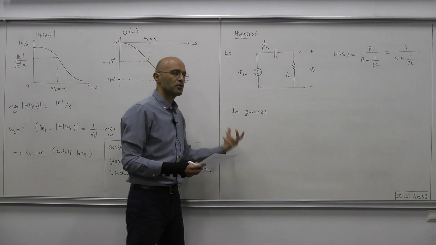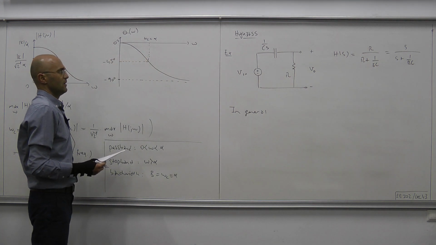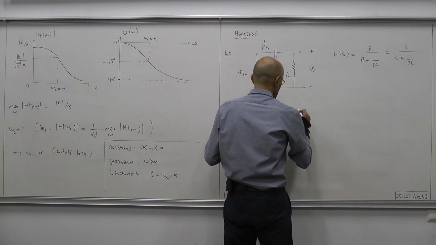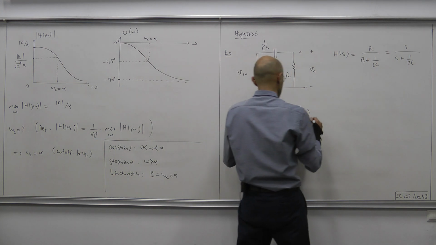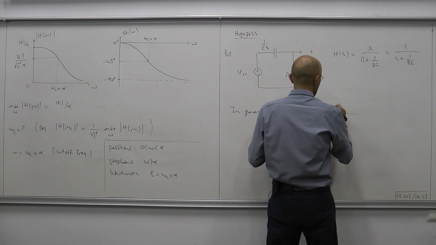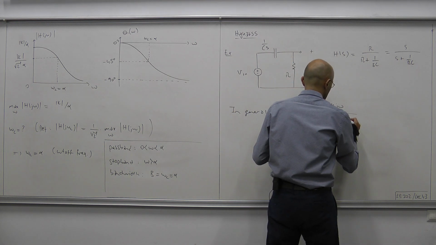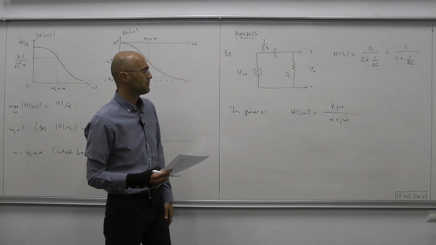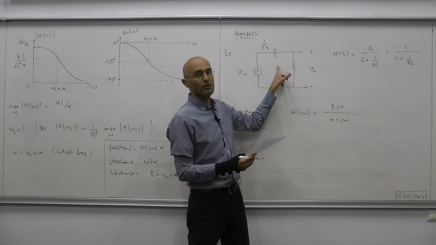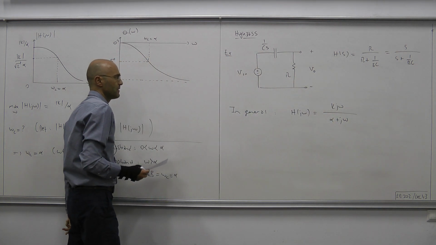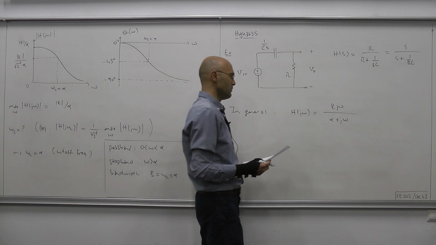And in general, a first order high pass characteristics has the following form: H of j omega equals K j omega over alpha plus j omega. In this special example, the K is 1, but in general it can be different than 1.